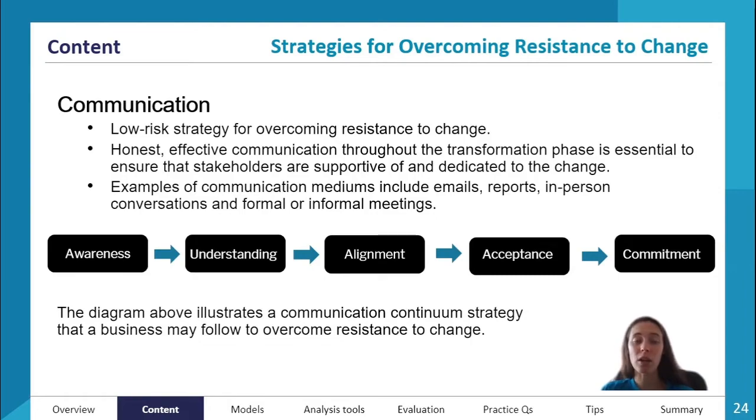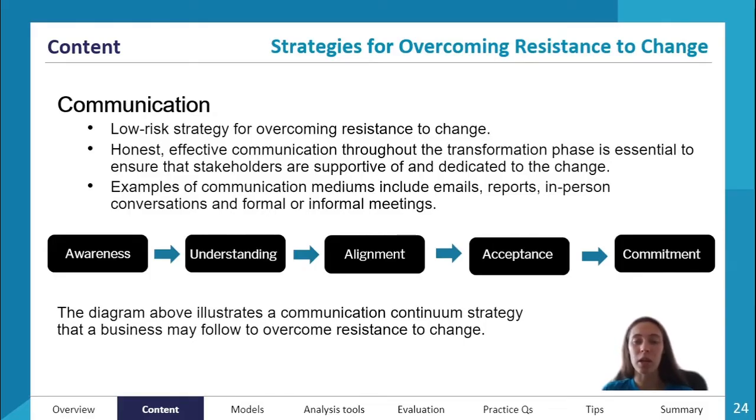It's about honest, effective communication throughout that transformation, renewal kind of phase. And that's going to ensure that stakeholders are supportive of the change and they're dedicated to making the change happen successfully. And you can have lots of different communication mediums.